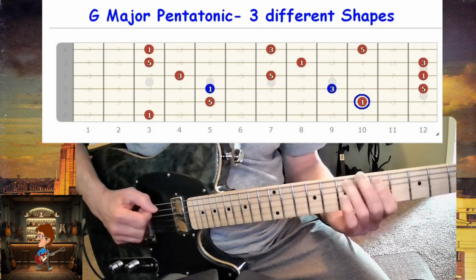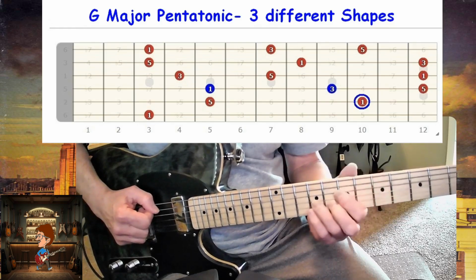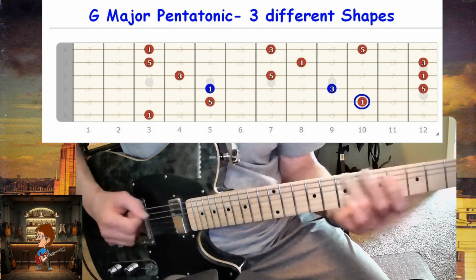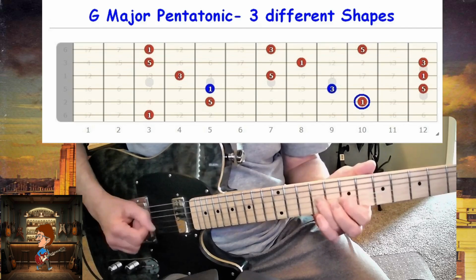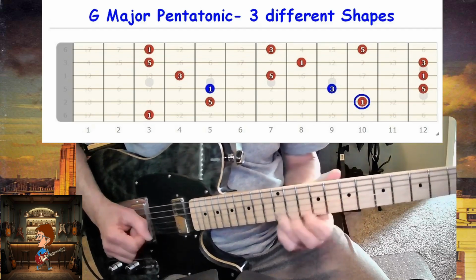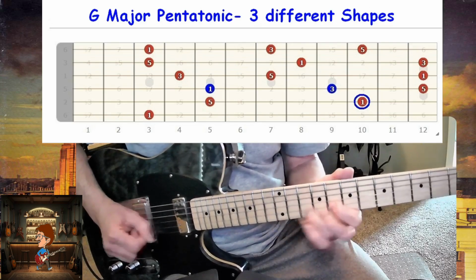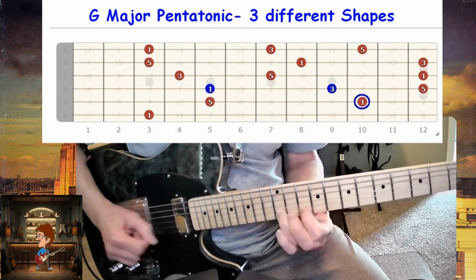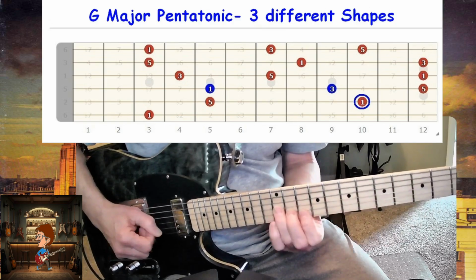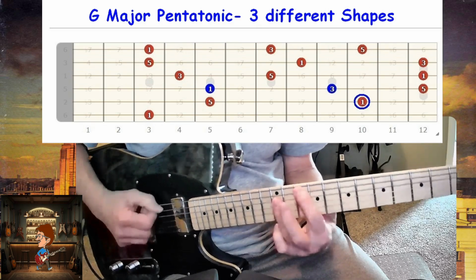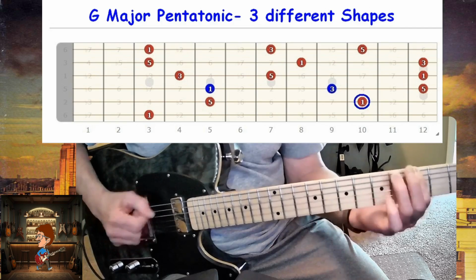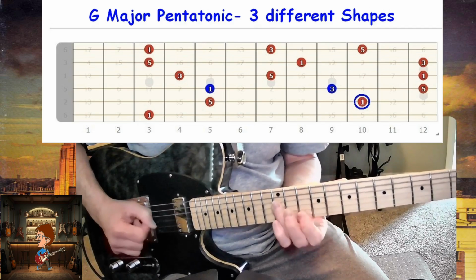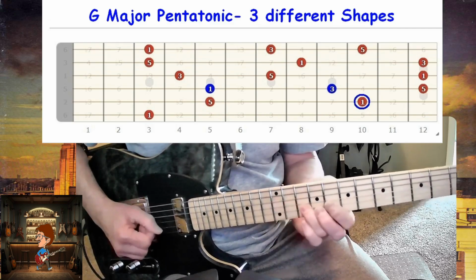I'm going to show you one more, where we're going to go up higher. We're going to play horizontally and, I guess, diagonally a little bit higher. So I'll start from the 1 again. And I'm shifting so I can do this. And you notice what you're actually doing is you're in this A shape now. This is the A-shaped G chord, right? So when we did that, that's the A-shaped G chord.